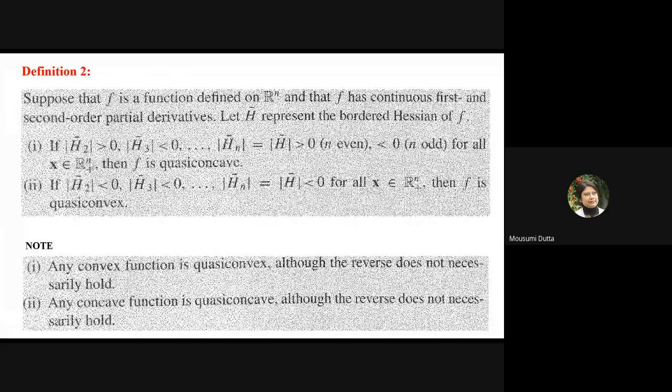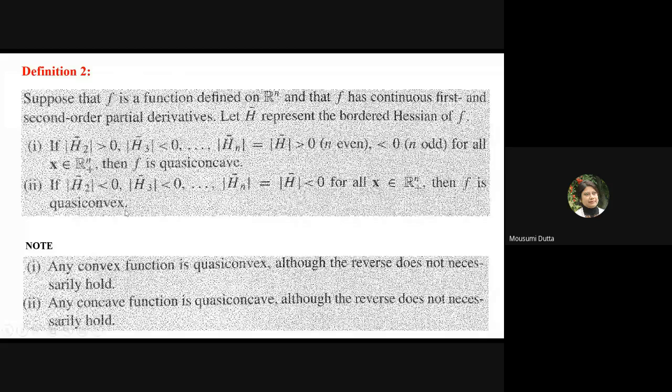Otherwise, you will not be able to put any border. So if H2 bar is greater than 0 and H3 bar is less than 0, that is alternating in sign, in that case it is quasi-concave. Alternatively, if all the values are less than 0, it will be quasi-convex.